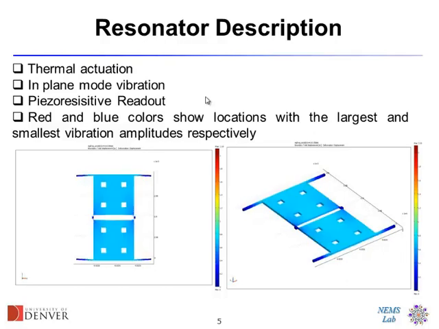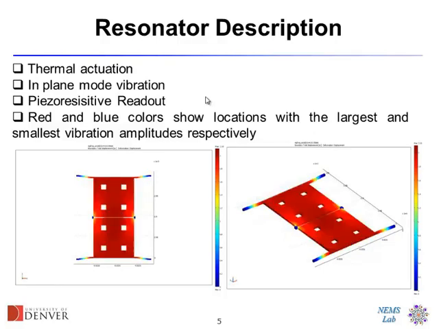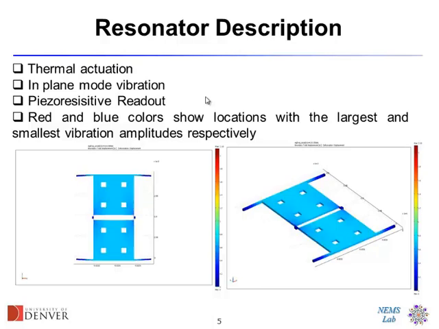And because this region is the narrowest, you get most of the heat generation in that region because of the higher ohmic loss, because of the higher electrical resistance. So because of the periodic thermal expansion and contraction, you can get these resonators to operate in this in-plane mode. And since it's an in-plane mode, it can give you relatively high quality factors, a few thousand in the air.